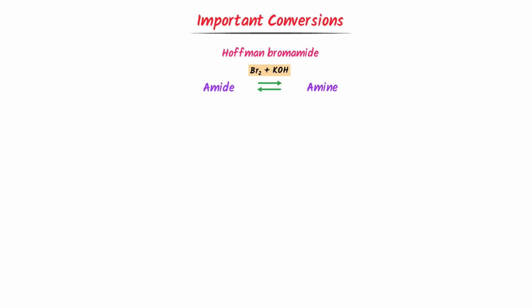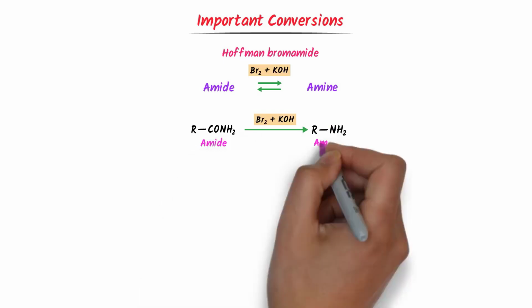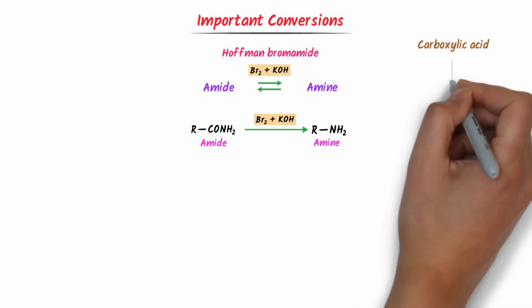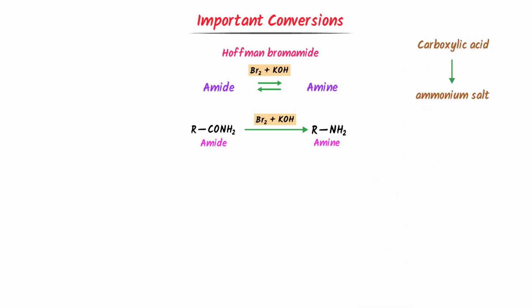For example, consider this amide. I add bromine plus potassium hydroxide to it. I get this amine. In case of amine to amide, I follow these steps. We can easily convert carboxylic acid to ammonium salt by adding NH3 to it. Later, when we heat the ammonium salt, we get amide.